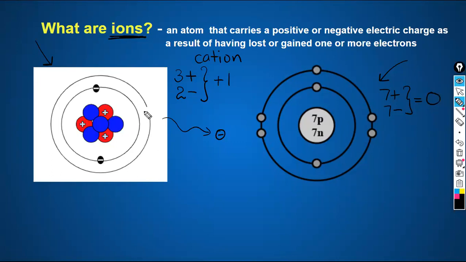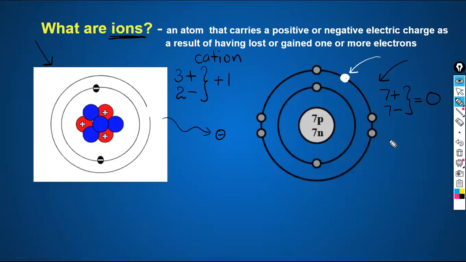But remember in the first example, it lost electrons. Suppose now it wanted to gain an electron. So an electron was just wandering about, and he decided to join the party now. So he said, hey, can I hang out with you guys? Look at what happens here now.